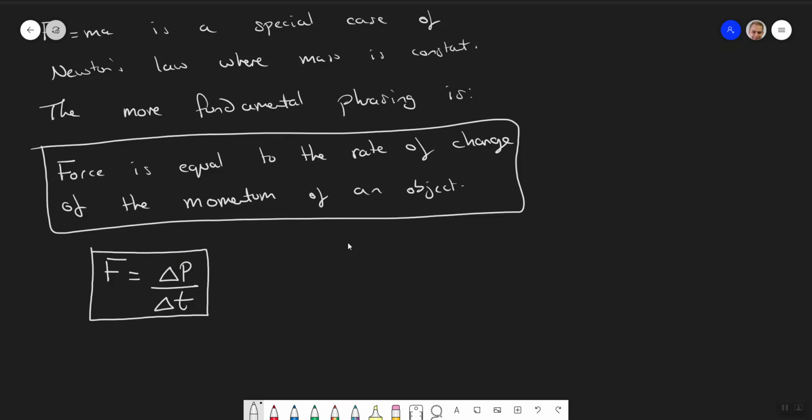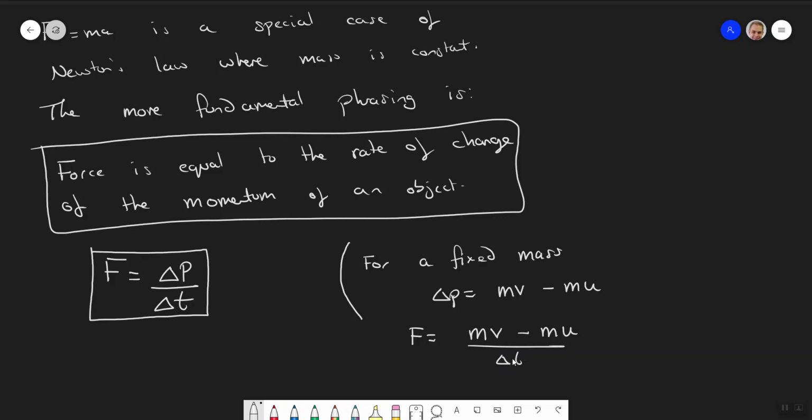Now that actually turns into F equals ma. For a fixed mass, change in momentum is equal to final momentum minus initial momentum, which gives force equals mv minus mu over the change in time.